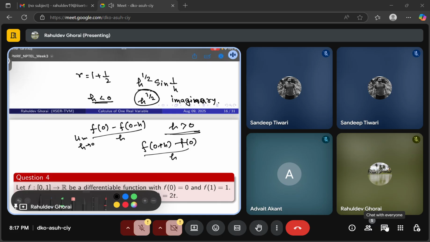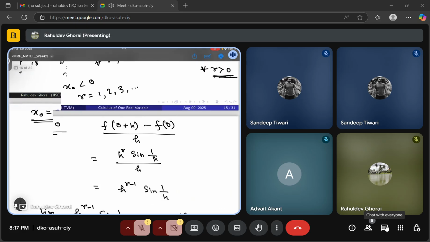Yeah, I don't find a mistake here. Most probably r will be natural numbers.